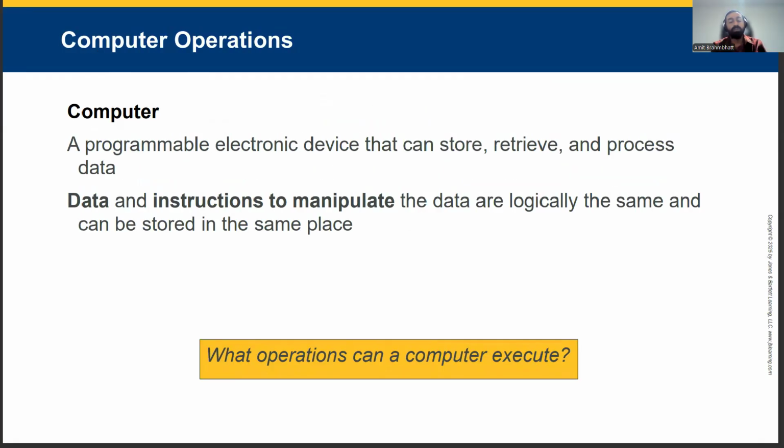Computer operations. A computer is a programmable electronic device capable of storing, retrieving, and processing data. It treats data and instructions the same way. Both can be stored in memory. This means a program is really just a specialized form of data the machine knows how to interpret. In this slide, we explore the fundamental operations that all computers can execute.